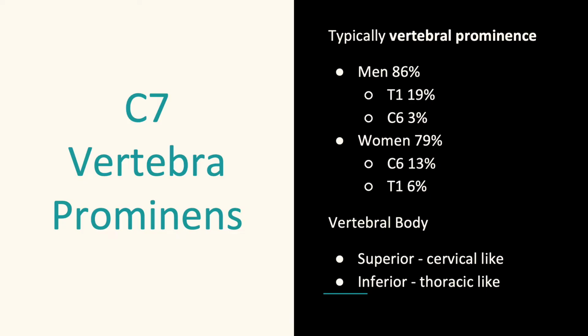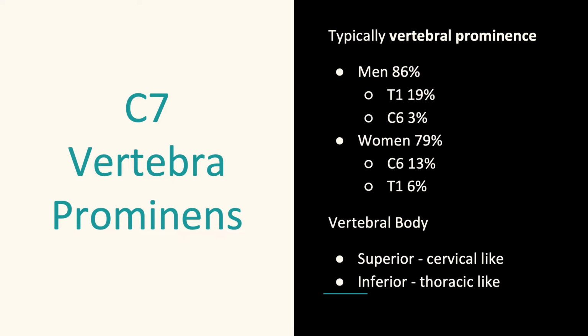Moving on to the vertebra prominens. I kind of alluded to this in exam 1 review material. This is a question that will come up on exams in the future, particularly when you're struggling with time and maybe having to rush through reading questions.